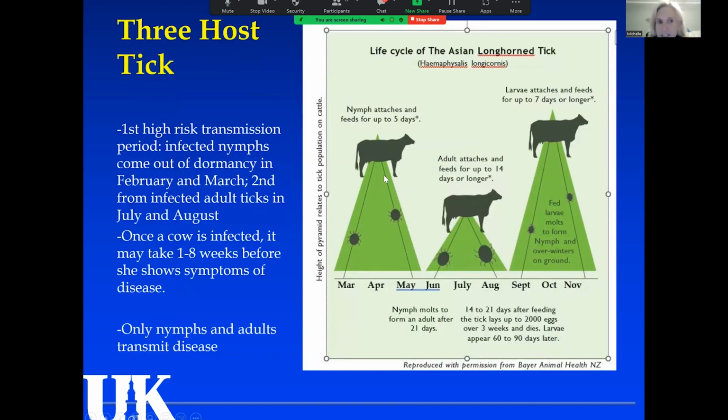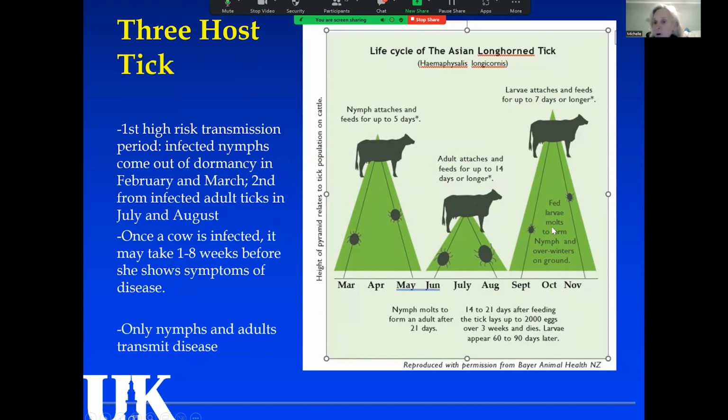So the Asian longhorn tick is a 3-host tick. If you start here, the adults are generally in the middle of summer. They attach and feed for about a week to 2 weeks, then fall off. That's when they lay their eggs. The eggs hatch, and these are larvae. The larvae are in the fall.